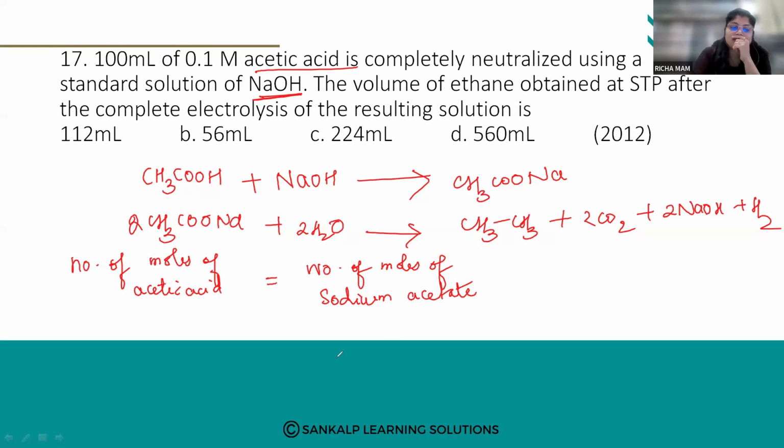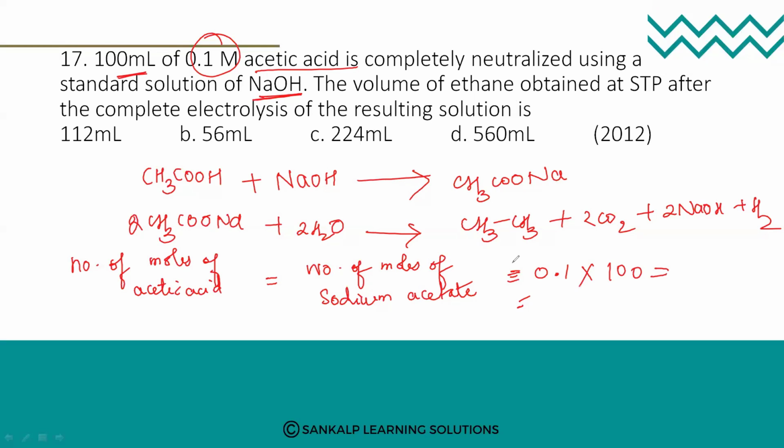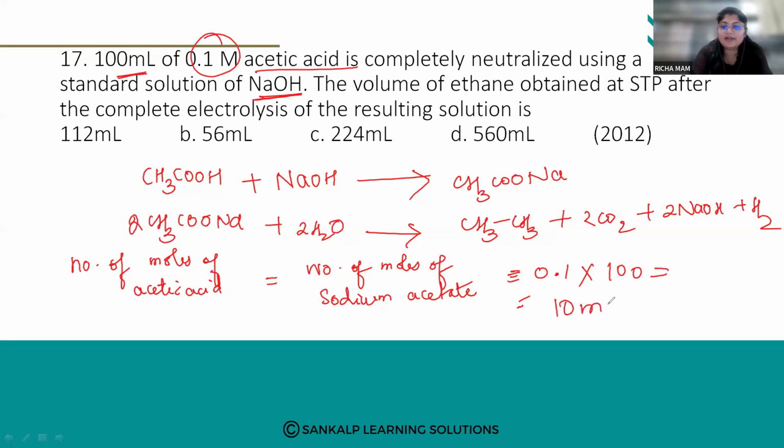So it is 0.1 into 100 ml. Calculate the number of moles. 0.1 into 100 is 10. Yes, it is 10 moles. Very good. So we have calculated the number of moles.